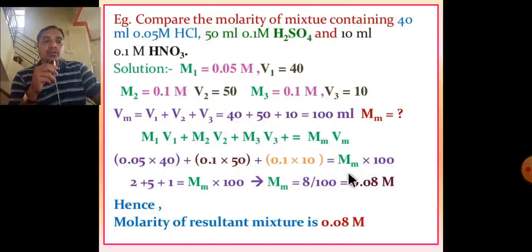The total volume vm is 100 ml. Then mm is equal to 8 upon 100, that is 0.08 molar, the molarity of the mixed solution of all these solutions. Hence the molarity of the resultant mixture is 0.08 molar.